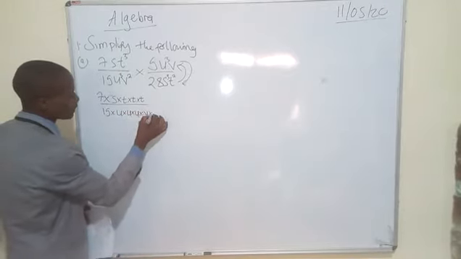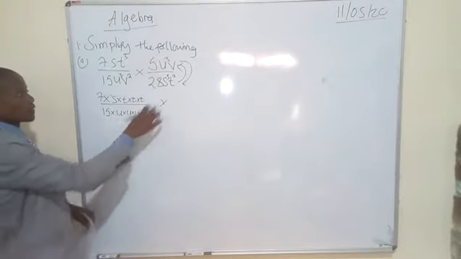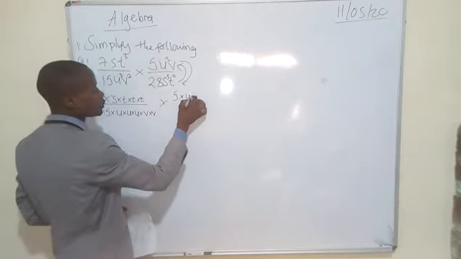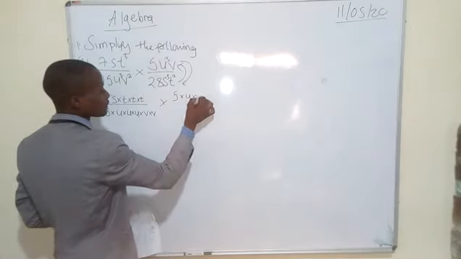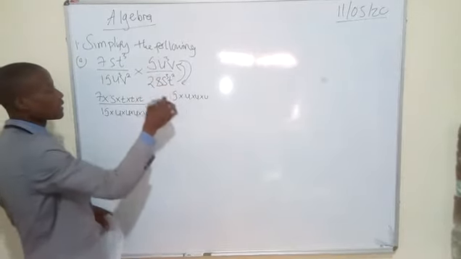v times v. We multiply the whole of this fraction with the other part, which is 5 times u times u times u. Remember we have 3 u's there, that is u cubic.